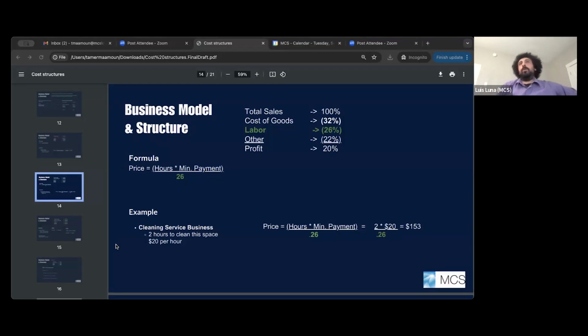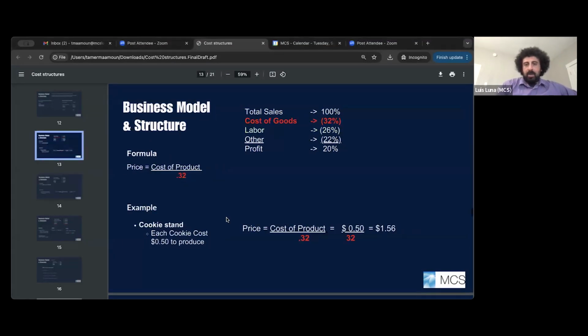So for the cookie example, they're not talking about the thousands of dollars to get the machines and the cookie batter and the dough mixer and all that kind of thing. Those are taken care of in the startup costs.